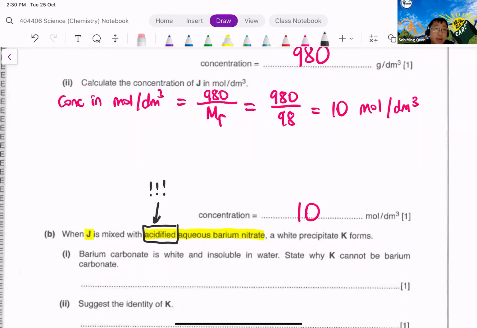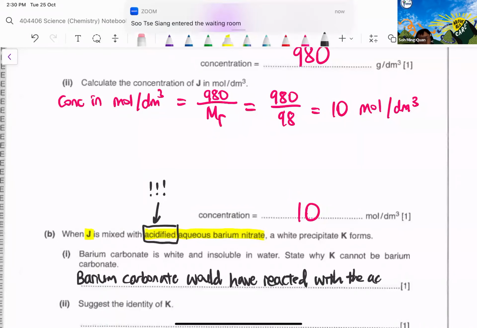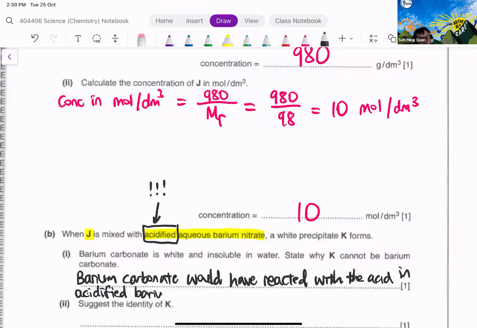Barium carbonate is also white and it's also insoluble. So in theory, barium carbonate could precipitate out because it's insoluble as well. But because it's acidified, barium carbonate would have reacted with the acid in the acidified barium nitrate.